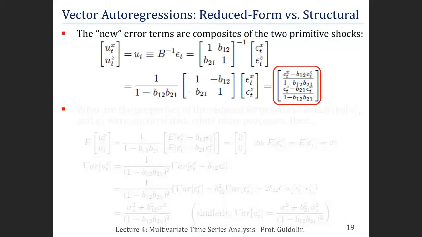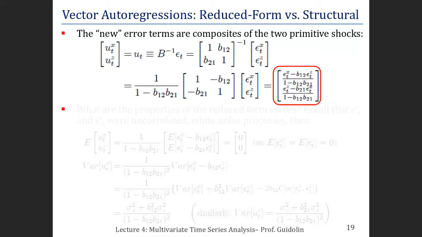The problem has gone from the presence of B to the fact that we messed up the errors, in the sense that originally the structural shocks, epsilon tx and epsilon tz, were pure white noise shocks, white noise individually, and not even contemporaneously correlated, because we said that they're structural, so the covariance between epsilon tx and epsilon tz is equal to 0.